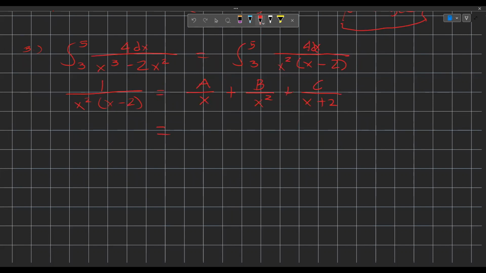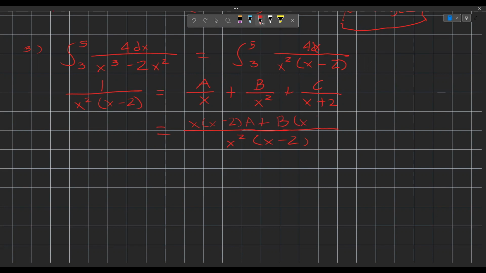And down here, we'll just combine these three into one term. And their denominator will be x squared times x minus 2. And here we'll have x times x minus 2 multiplied by A, since the squared can cancel but we still multiply the remaining denominator to A. Plus B. Since we have x squared, we don't have to multiply it by x squared.